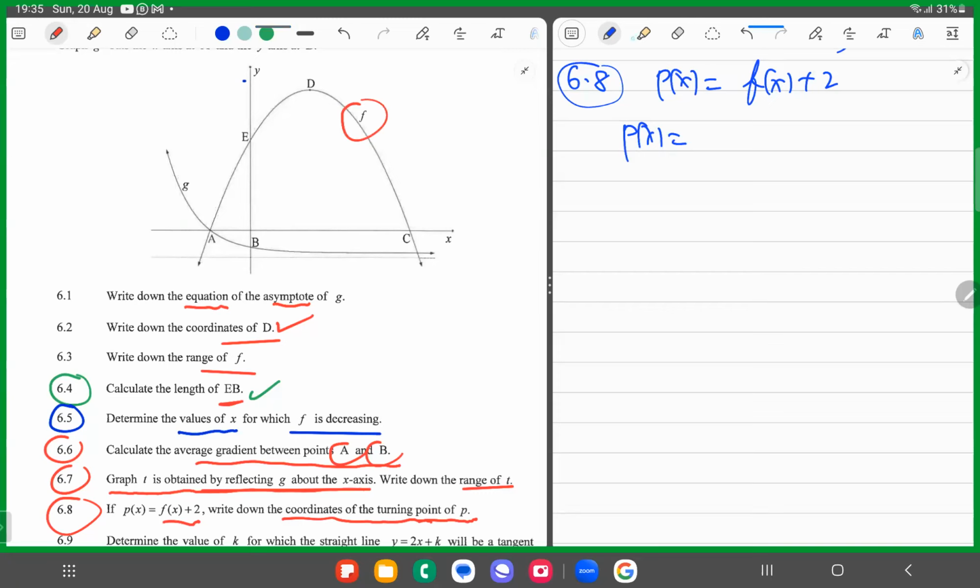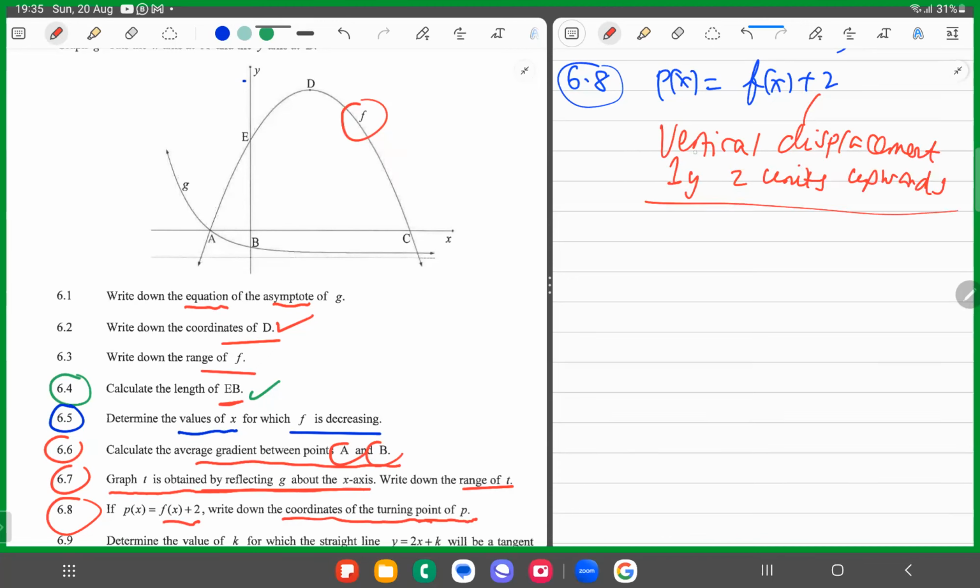Well, that means if you add 2 to the function, the only thing that is affected is a vertical displacement of the function by 2 units upwards. Vertical displacement by 2 units upwards.